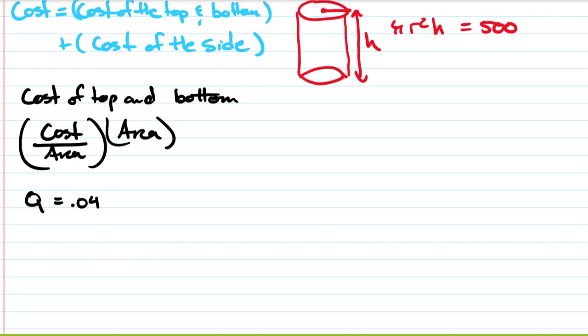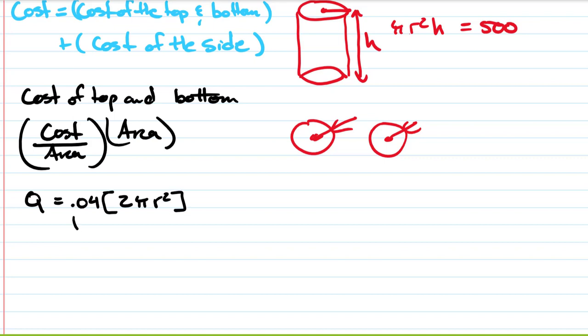The top and the bottom are both circles of radius r. So first of all, I have 2 of them, so it's going to be 2 times, and then what's our area formula for a circle? Pi r squared. So this is the cost of the top and bottom.